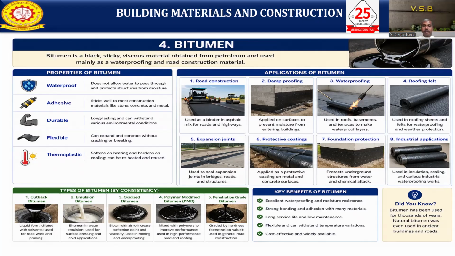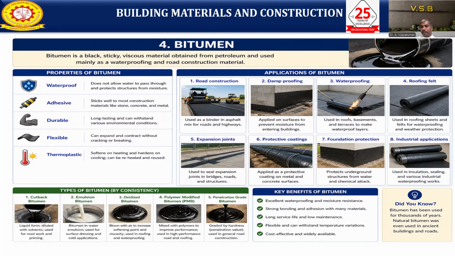Expansion joints: during summer and winter, the joints start to expand and contract. This is a prime reason we use bitumen to seal expansion joints in bridges, roads, and structures. Protective coating: we apply a protective coating on metal and concrete surfaces.